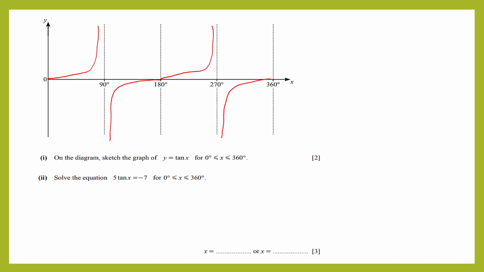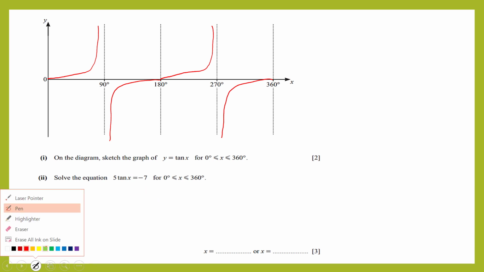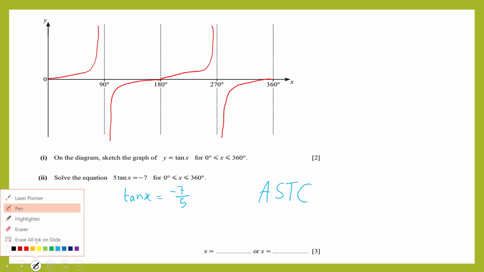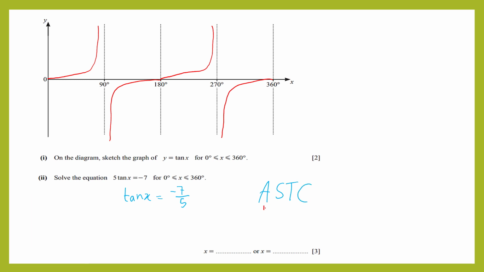Then you're required to find 5 tan x equals negative 7. So first of all, we need to make the tan the subject like we did in the previous example. So tan x will be negative 7 over 5. So it's negative now. If you're going to use the asterisk rule, you're going to find that tan is positive in the first and third, but I don't need first and third.